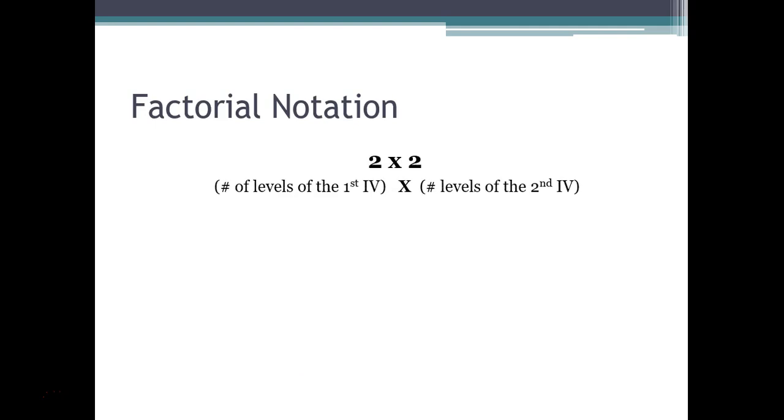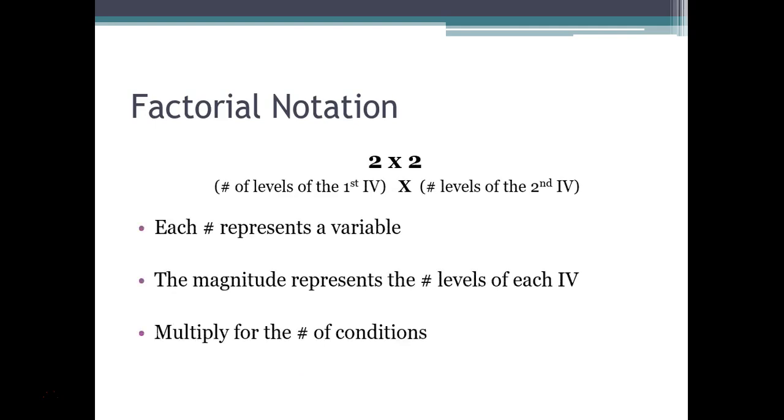So in terms of factorial notation, when you have a 2 by 2, the first number, whatever it is, in this case it's a 2, represents the number of levels of the first independent variable. The second number, whatever it is, represents the number of levels of the second independent variable. So each number that you have there represents a variable, and the magnitude, or what number it is, represents the number of levels of each independent variable.